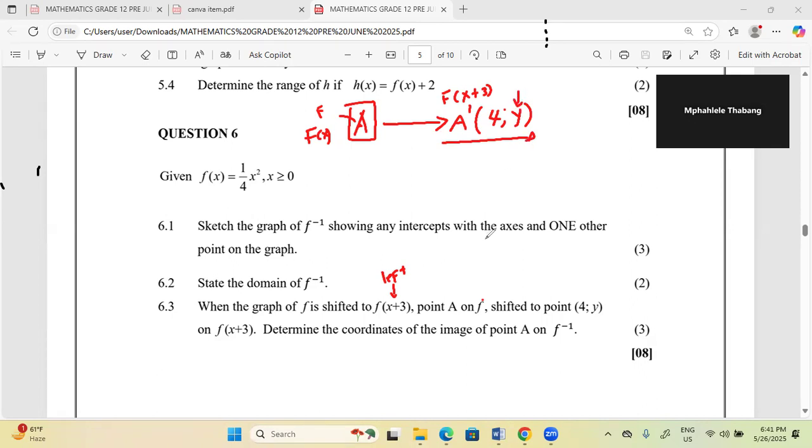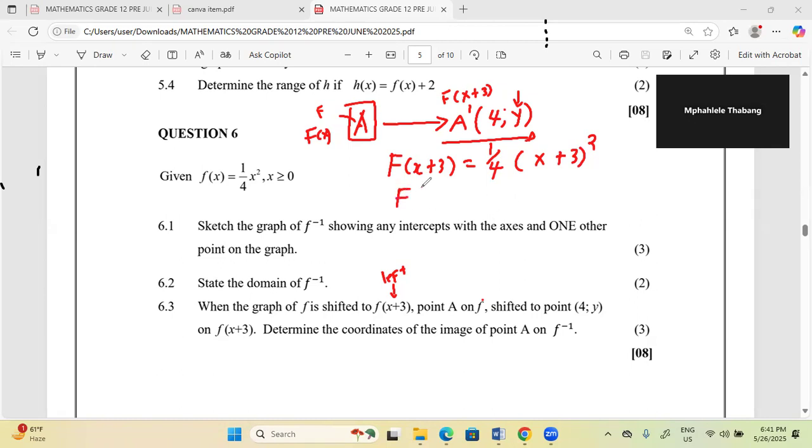So how are we going to find the y coordinate? When we shift the function f to the left 3 units, we are forming the new function, which is 1 over 4 times (x plus 3) squared. Now, I want to know the y coordinate where x is 4.